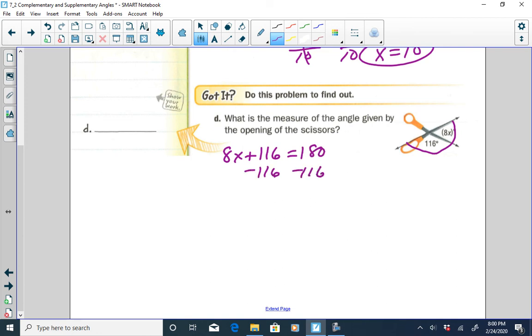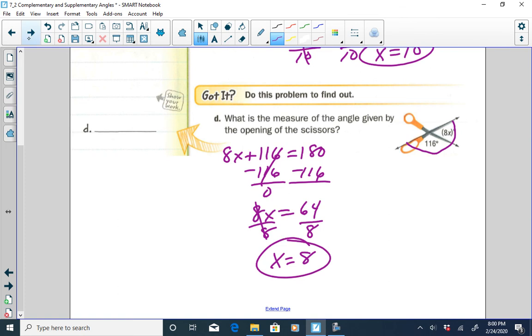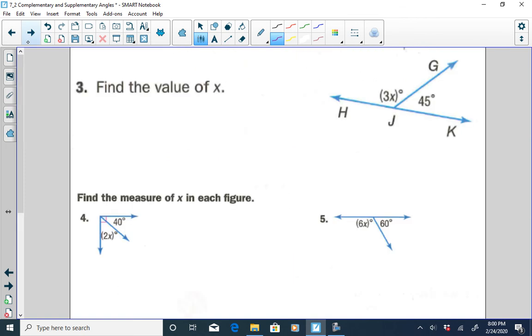Subtract 116 from both sides of the equation, that's 0. 8x is going to be equal to, what's that, 64. Divide by 8 on both sides of the equation. X is going to be equal to 8. All right, so our last page of problems, so let's finish it up.